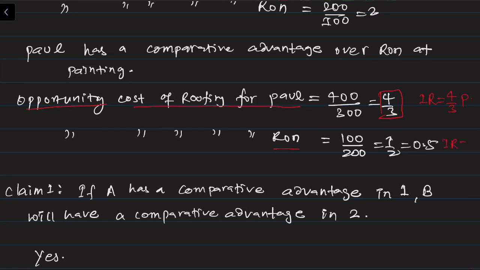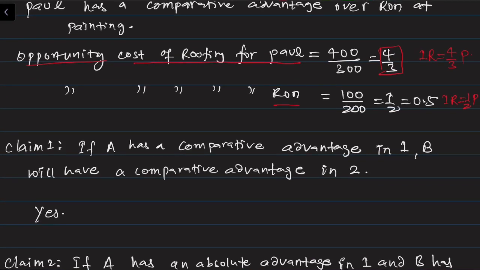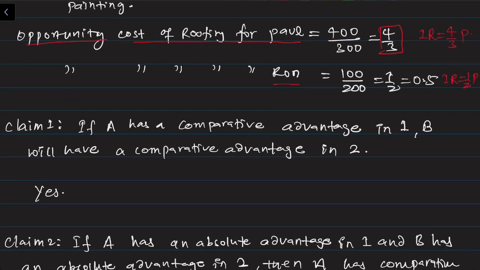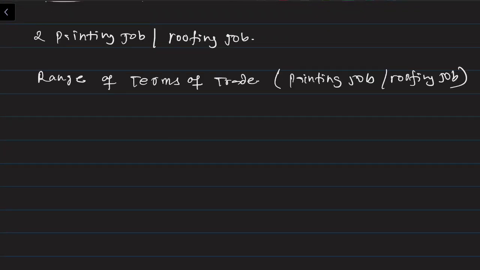So for one roof he has to sacrifice 1/2, or half, of a painting job. So from this we can write that painting should be greater than half but less than 4/3, right, for one roofing job.